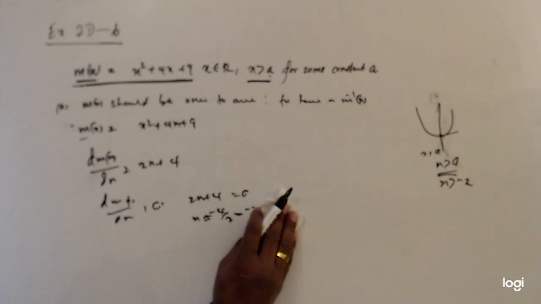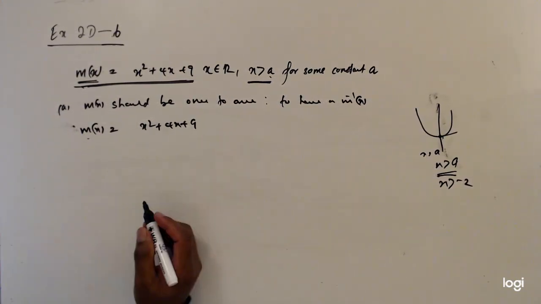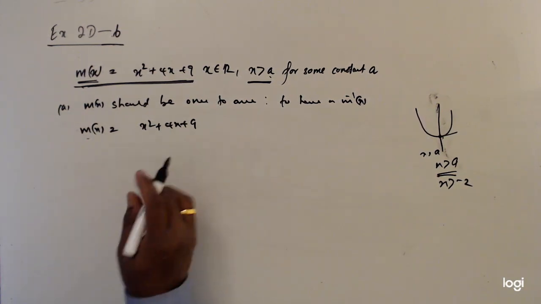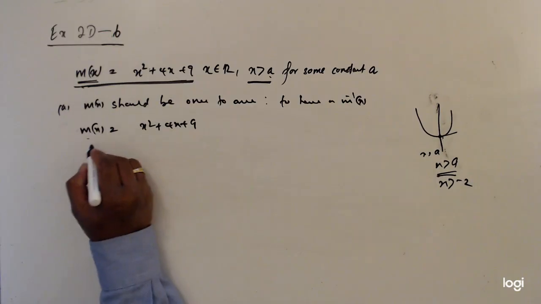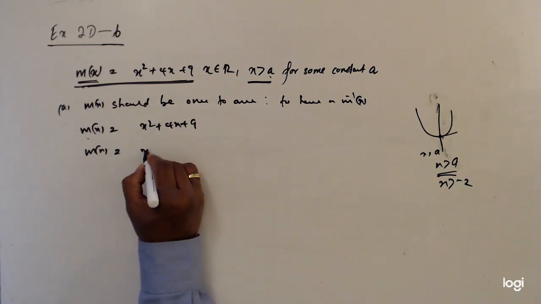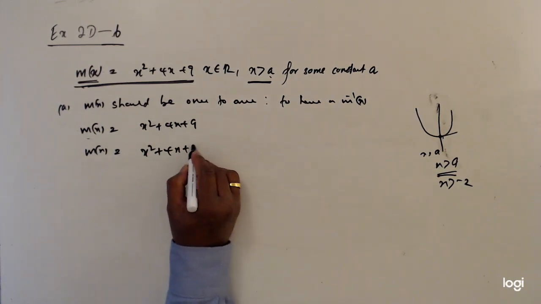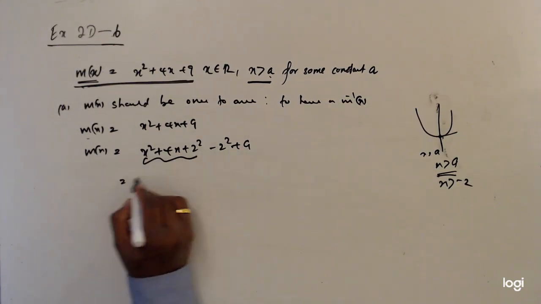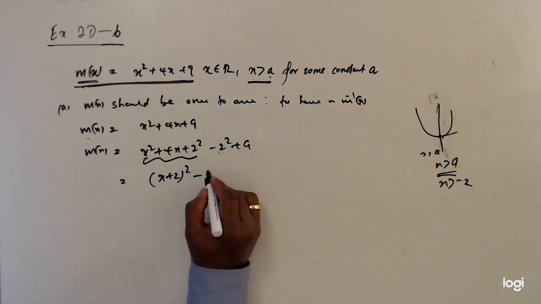You can use this, but it is very useful to complete the square because we need it to turn the function into an inverse. So Mx equals x square plus 4x. Half of 4 is 2, 2 square, and minus 2 square plus 9. So this becomes x plus 2 square, minus 4 plus 9, which is plus 5.